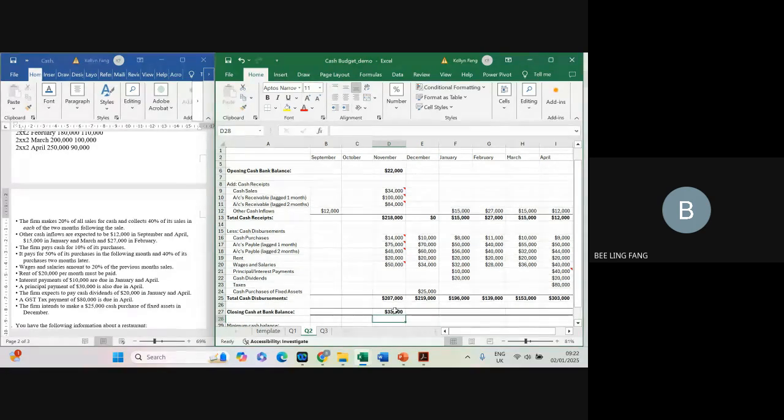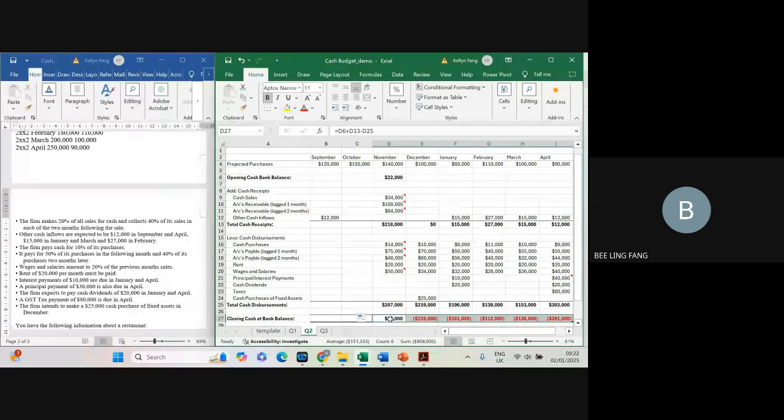So I got 33. Okay, I just drag the formula. But it's not right because I need to carry forward this 33,000 as the opening one right here. I can just put equal, or you can copy paste, same one, right? So you can just drag here.